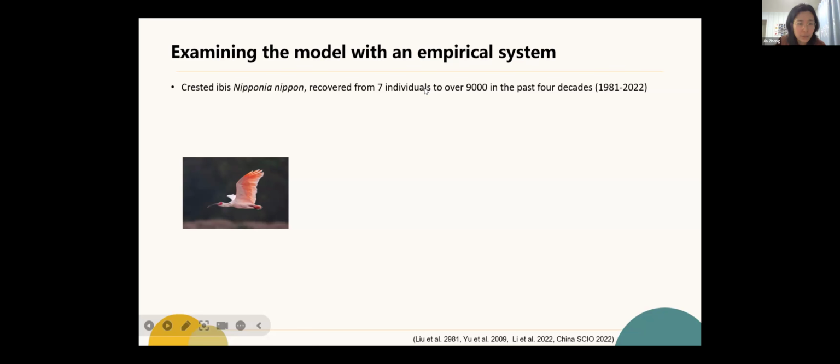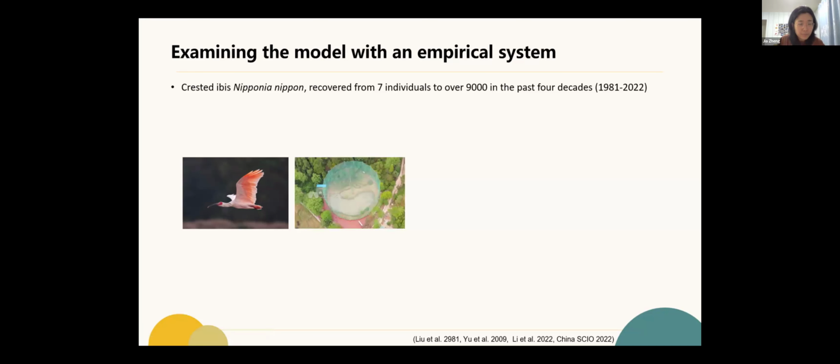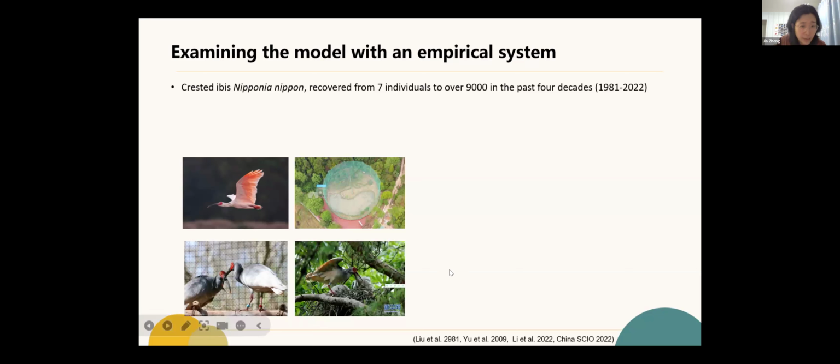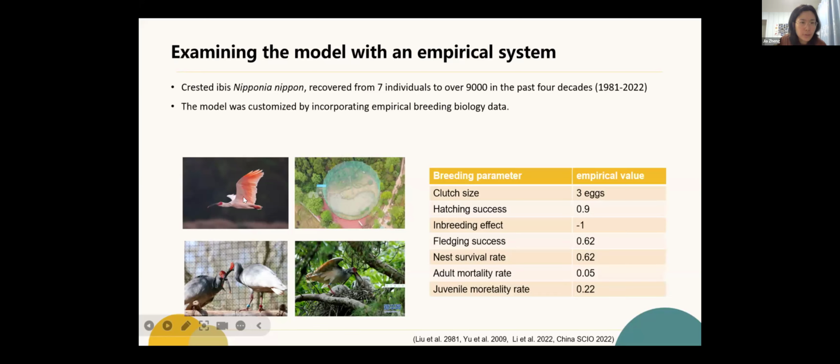Only 7 individuals resided in China, and in the past 4 decades it has successfully recovered to over 9,000 individuals. It is well protected in national reserves, and the ibis can now breed independently in the wild. So this is a successful example.